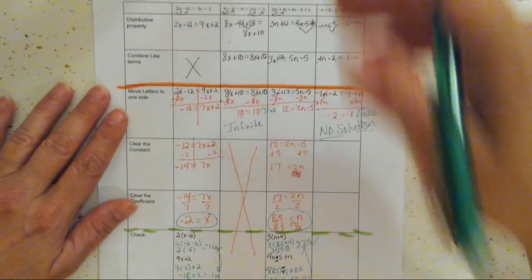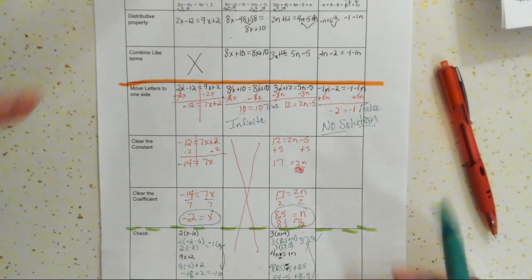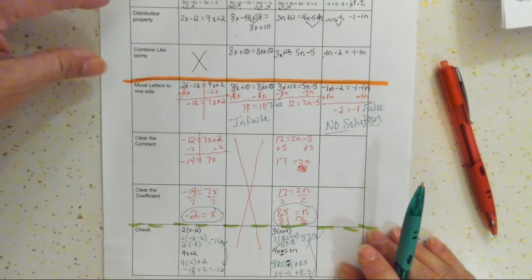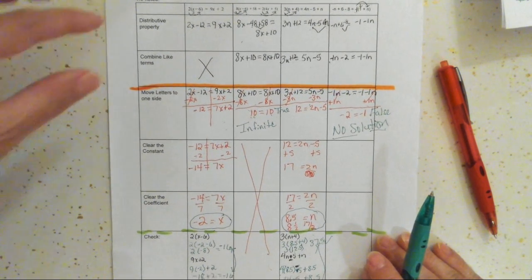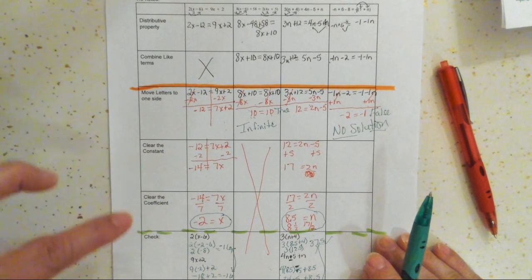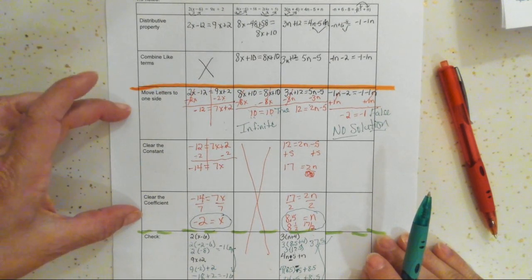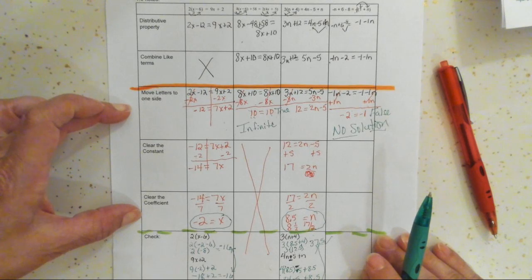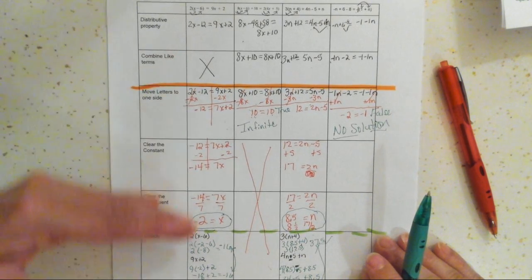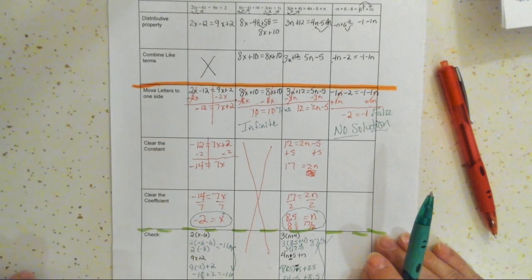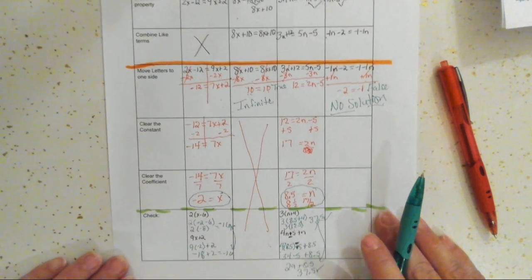So again, looking at our procedure, distributive property and combine like terms happen on one side of the equal sign. Moving letters, clearing the constant, clearing the coefficient, those happen on both sides of the equal sign. All right, so this switch over right here is an important step to the process.